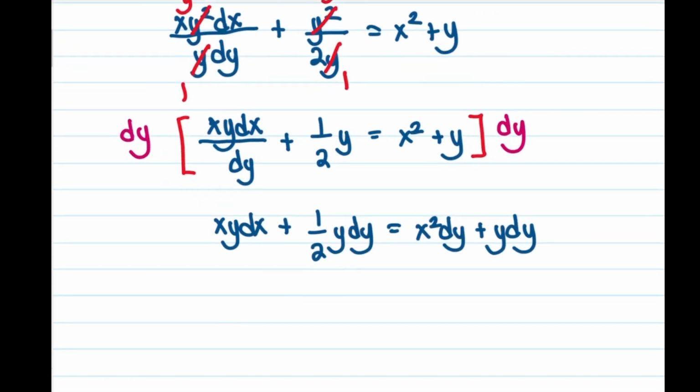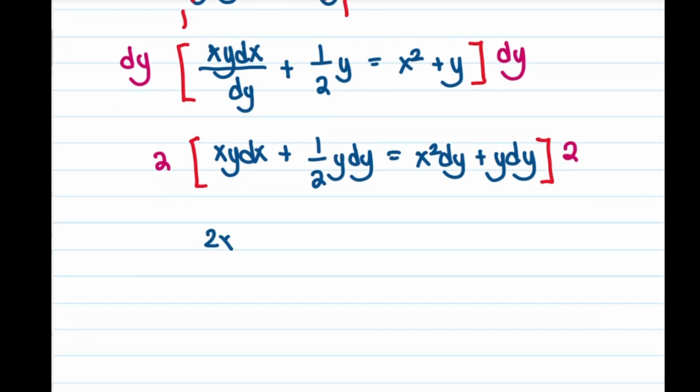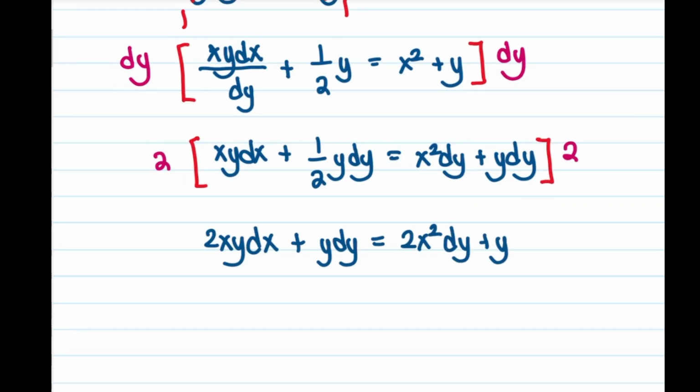Then we can multiply both sides by 2. That one will yield an answer of 2xy dx plus y dy equivalent to 2x squared dy plus 2y dy.